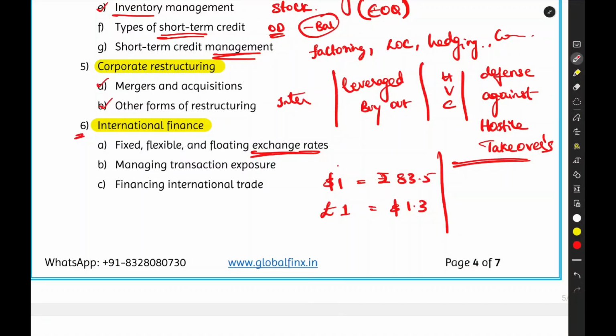But anyways, how is this exchange rate determined? Who fixes the exchange rate? Who is sitting somewhere and telling that, okay, today dollar is 83.5, and then it fell down to 82 and then it increased to 84? Who is deciding that?